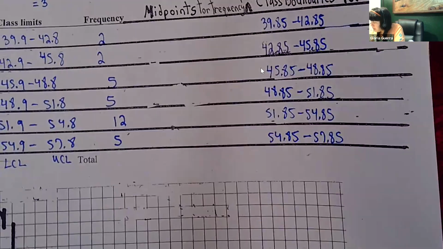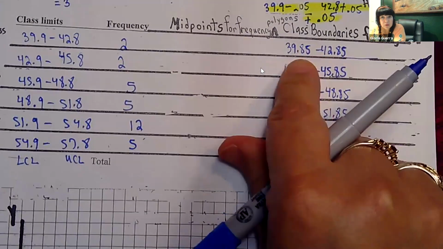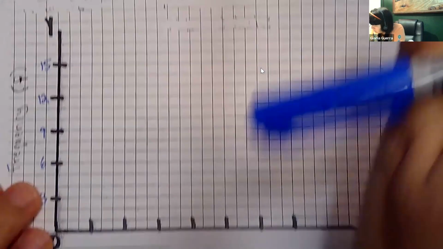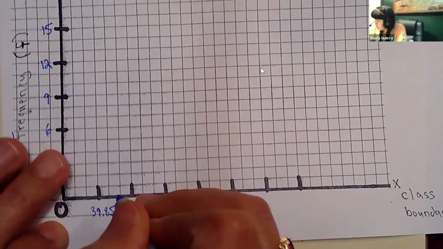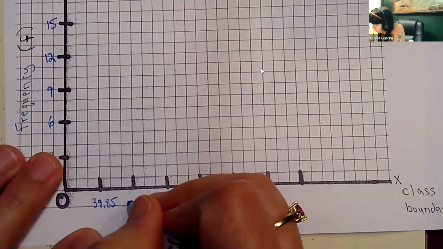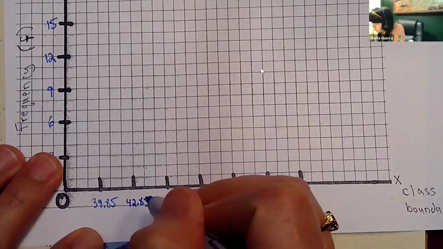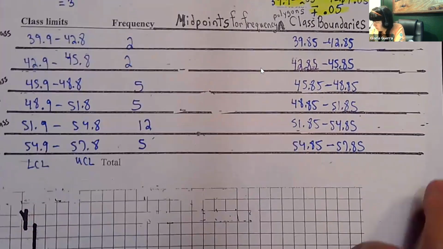So then at the bottom, I'm going to start putting those down here. So the first one is 39.85. So I'm going to put that right here on this tick mark, start here. And then it goes to 42.85. Okay, and that has a class frequency of 2.